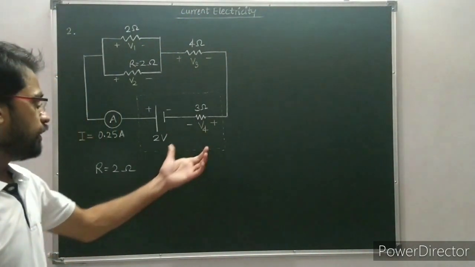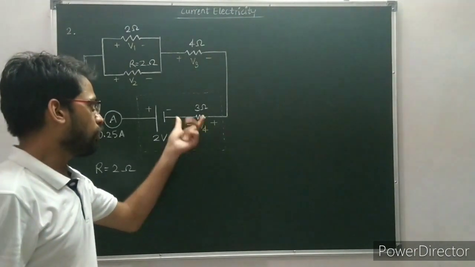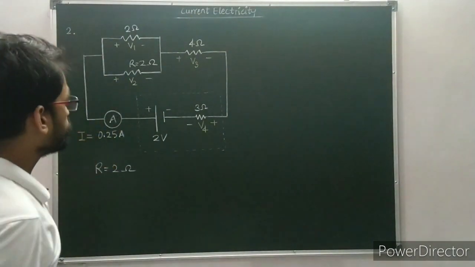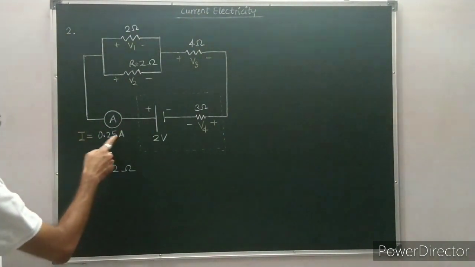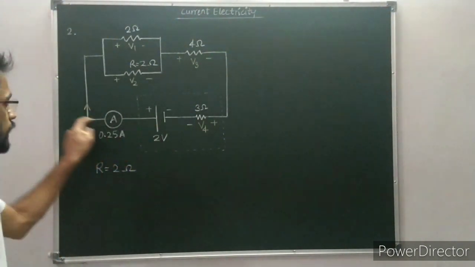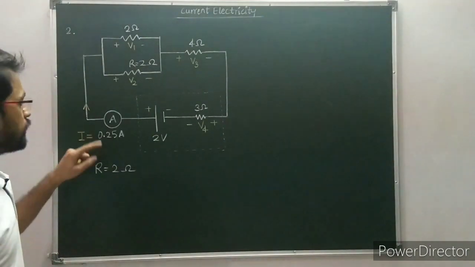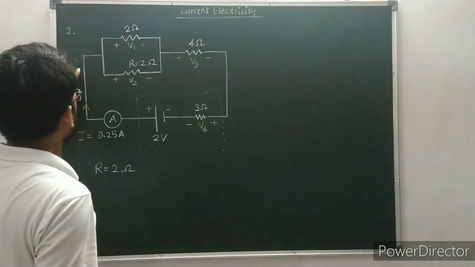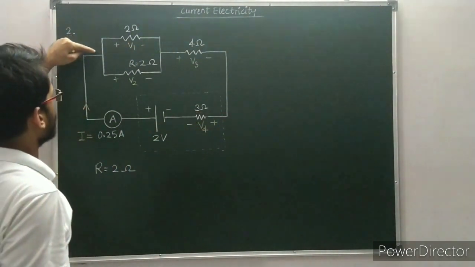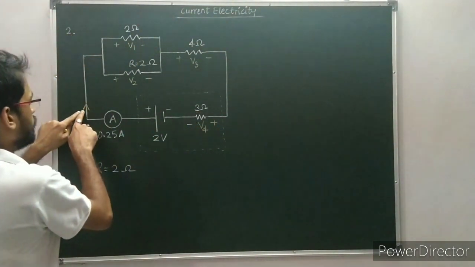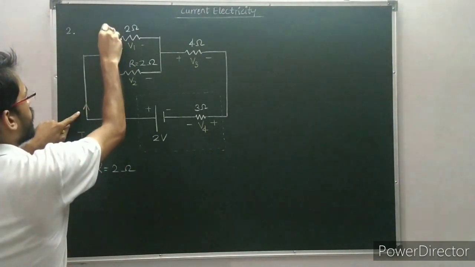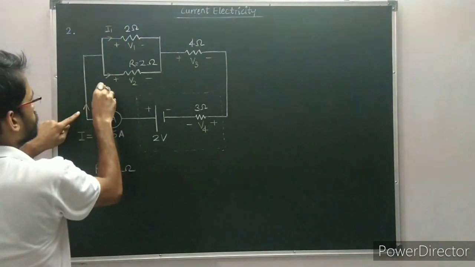Now find the potential difference across the internal resistance. The current drawn from the cell is 0.25 ampere, which is flowing through the circuit. At this point, this current I is divided into two parts, say I1 and I2.